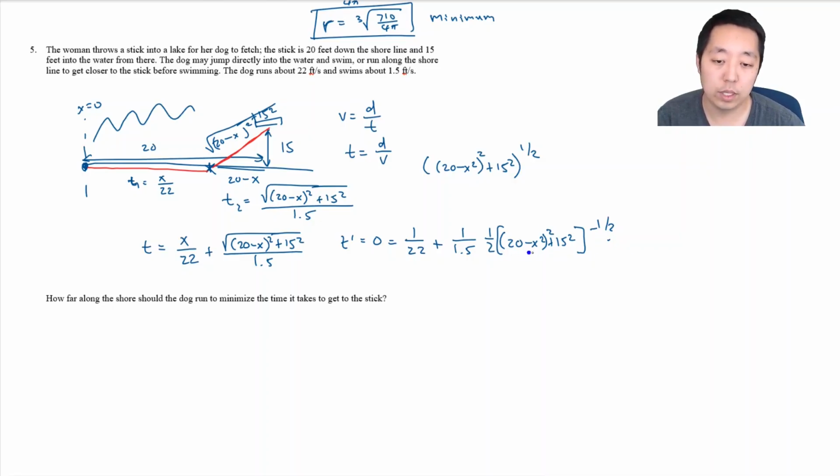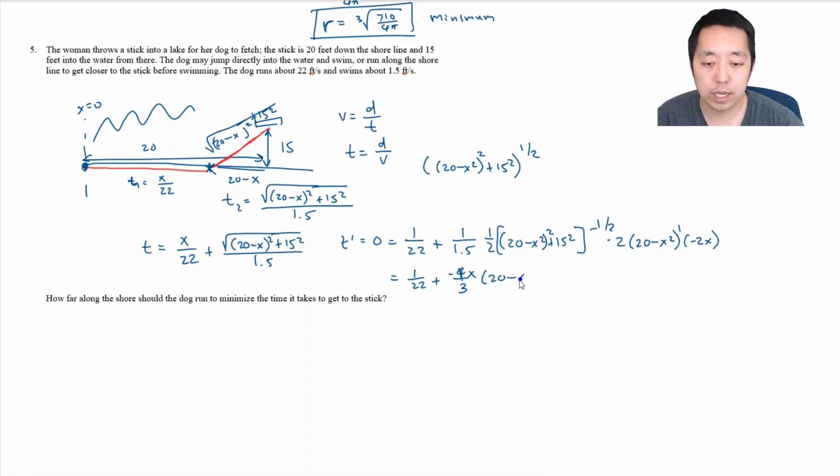I'm going to have to do power rule on this one: 2 times 20 minus x to the 1. And then because the inside isn't x, I have to take the derivative of this part, which is negative 2x.